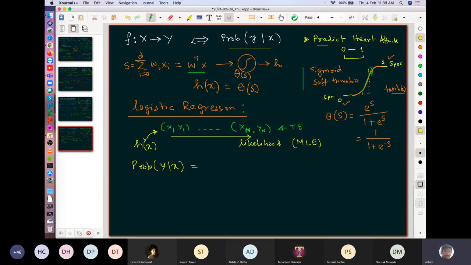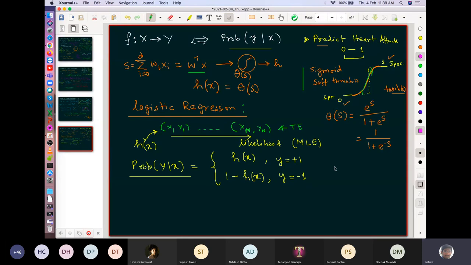I want to find a hypothesis in such a way that I want to find this when my y is equal to +1. Since it's a probability, the probability of this not occurring will be my hypothesis this when y equals -1. I just want to figure out such, as it has a probabilistic interpretation.